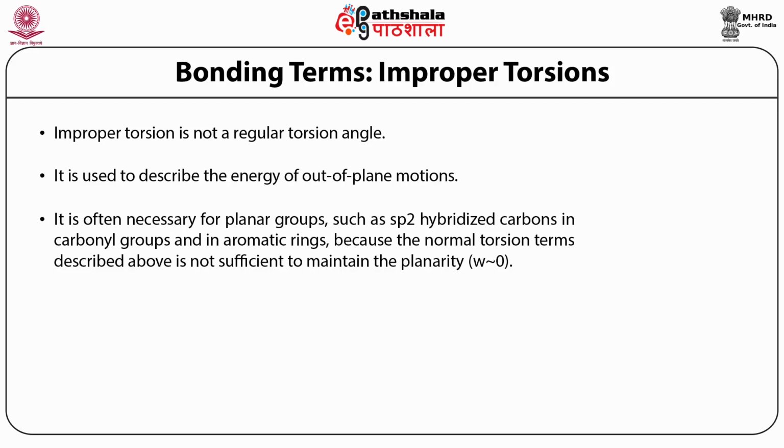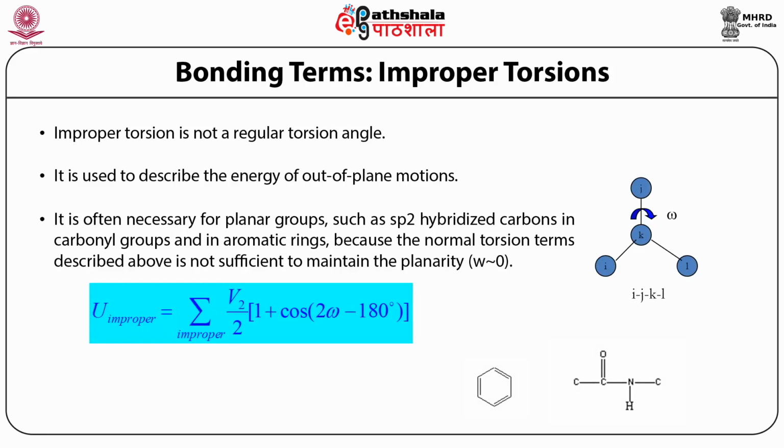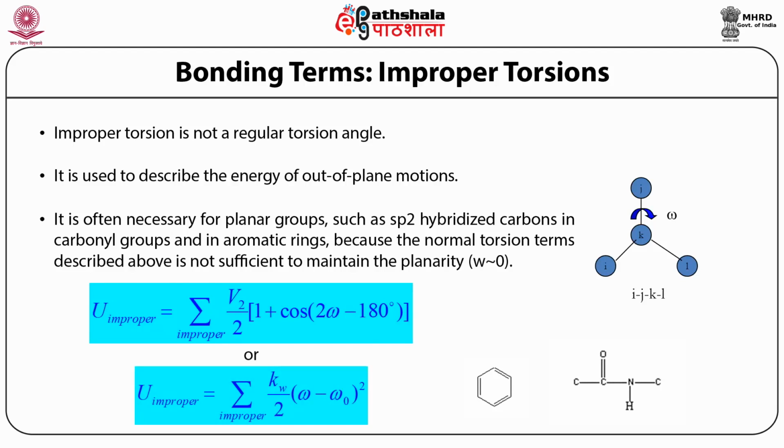They would like to be in a planar structure. To retain that planarity, the angles are taken away from 2 planes, which is shown here in the picture, and the expression is shown by this formula or by this formula, depending on which type of software one uses. The calculation of the bottom expression is very fast, whereas the other one is a little slower.